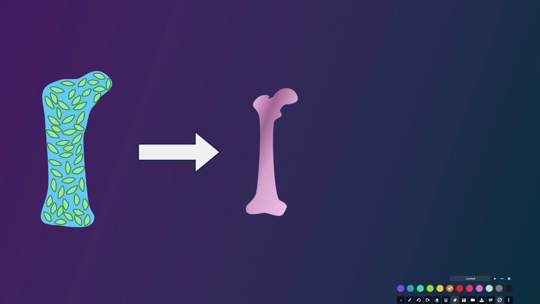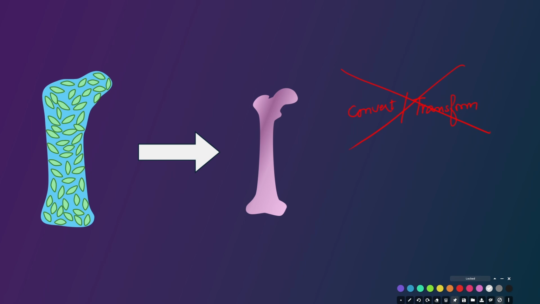You know what? I deliberately said a wrong statement here. This cartilaginous model does not convert into the bone. It does not transform into the bone. This is a wrong statement. Even some textbooks write like this. This cartilaginous model does not transform into bone.